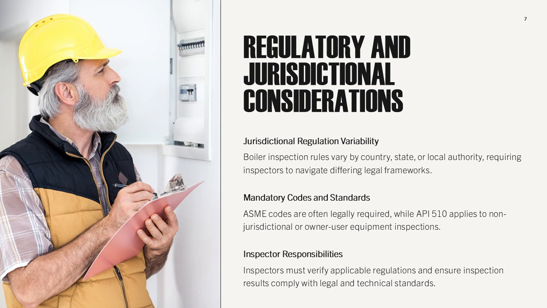Understanding how regulatory rules interface with company standards and industry codes is essential to avoid compliance gaps. This section emphasizes the inspector's responsibility to verify applicable regulations before conducting inspections and to ensure that inspection outcomes meet both legal and technical expectations.